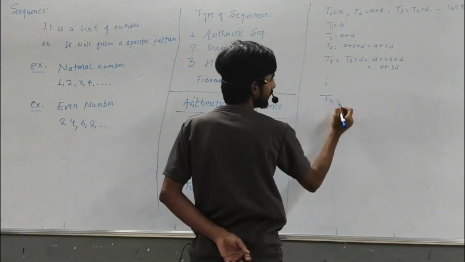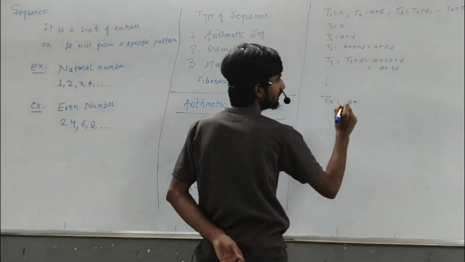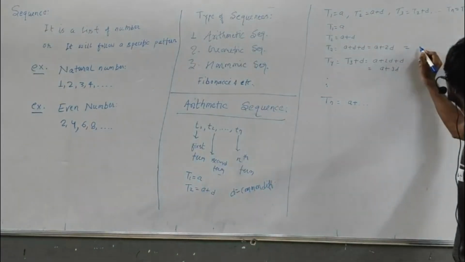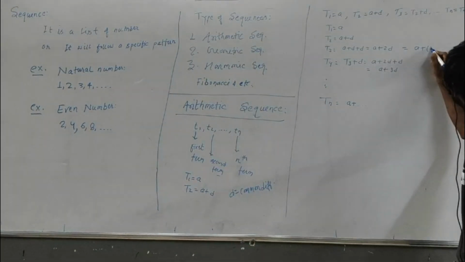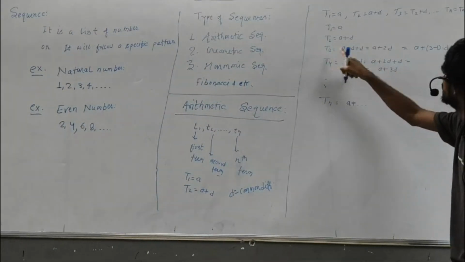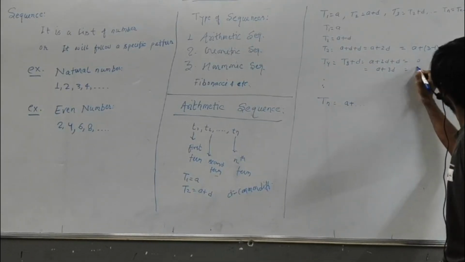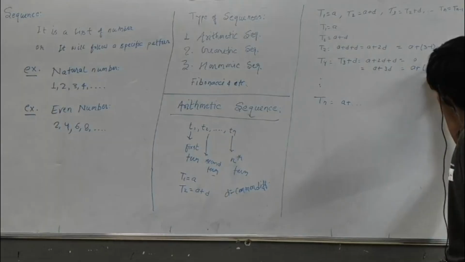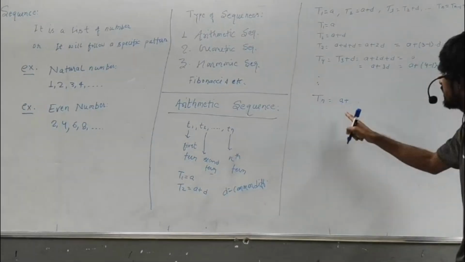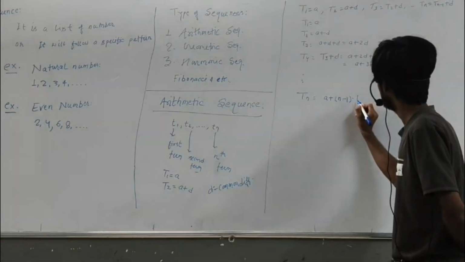Tn we can write as A plus n minus 1 into D. For T3, A plus 3 minus 1 into D; for T4, A plus 4 minus 1 into D. Similarly, Tn I can write as A plus n minus 1 into D.